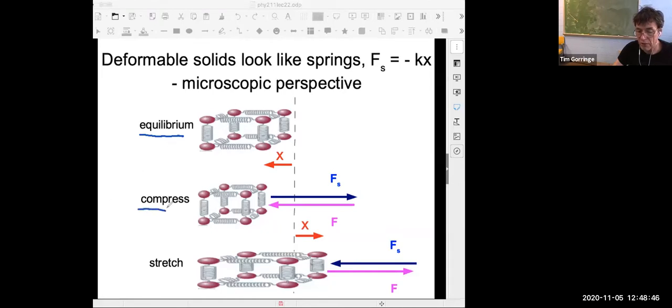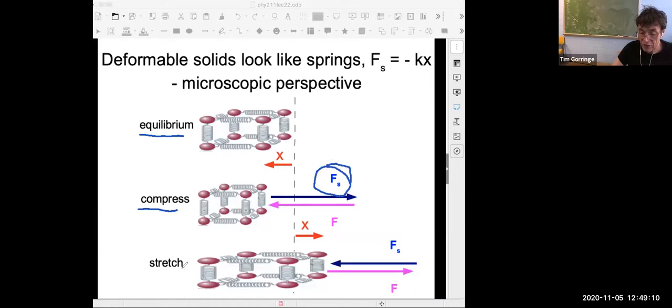If the steel rod is compressed, with my force in magenta towards the left, I'm compressing the atoms and molecules, and the interatomic, intermolecular forces are pushing back towards the right. And that's the microscopic origin of the steel rod's force when we compress it.